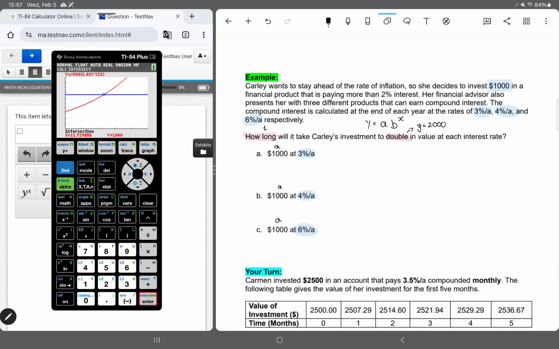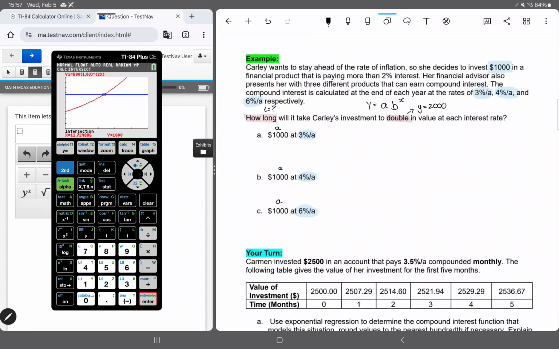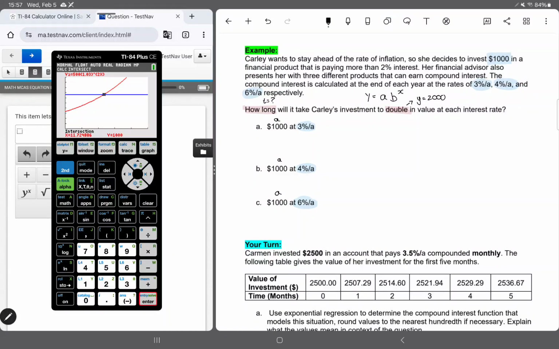So it's my t, that's a question mark. Because I'm appreciating, my b value is going to be 1 plus my interest rate. This one, we're just compounding yearly, so we don't have to worry about adjusting for the compounding period.